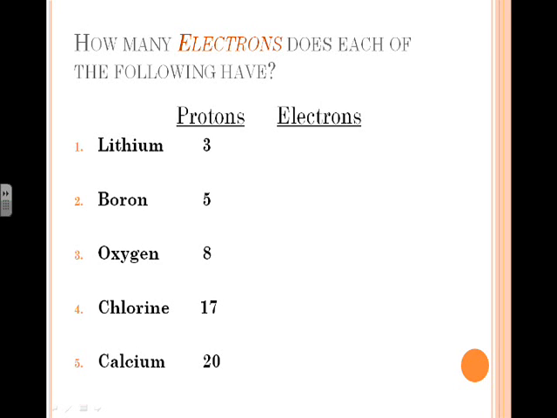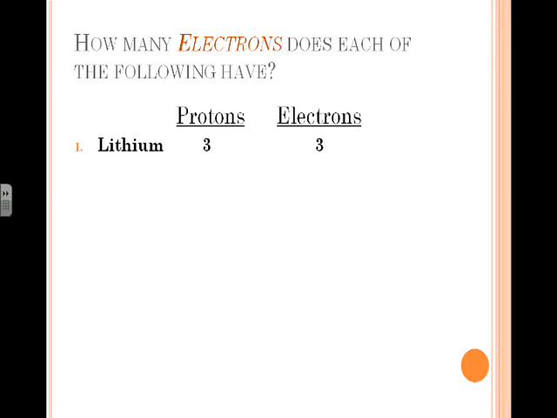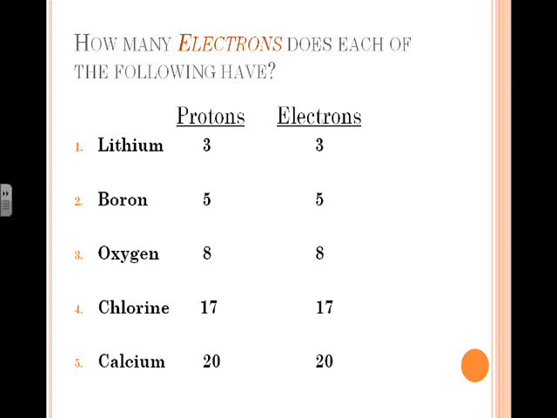Pause the tape, write the number of electrons for each of these, and then restart the video once you're ready. All right, hopefully you're getting most, if not all, of these correct. The last thing that we want to practice is finding and calculating neutrons. Pause the video, calculate the number of neutrons that each one of these elements has, and then resume the video once you're ready to check your answers.